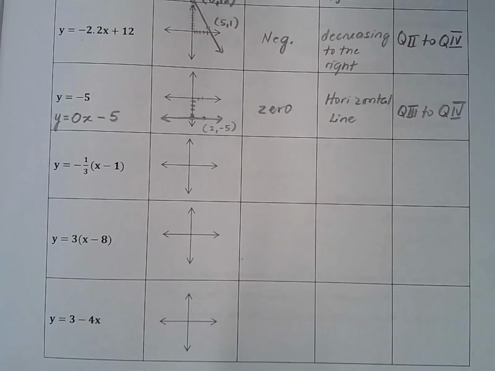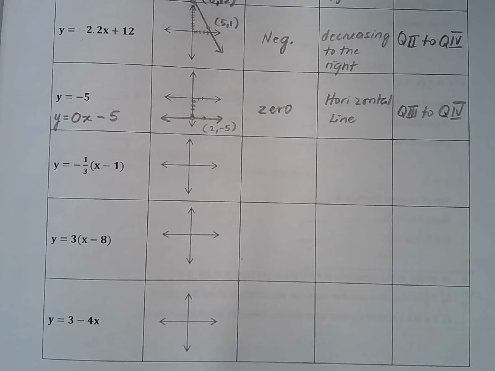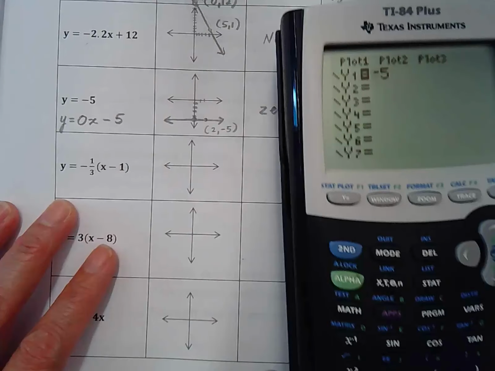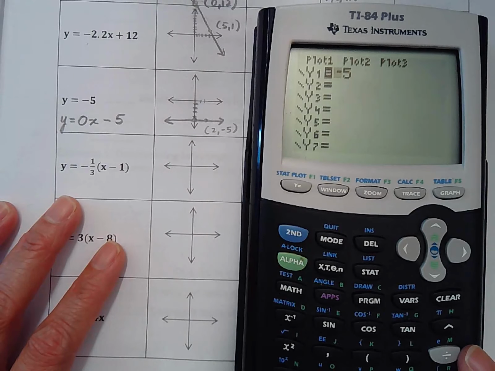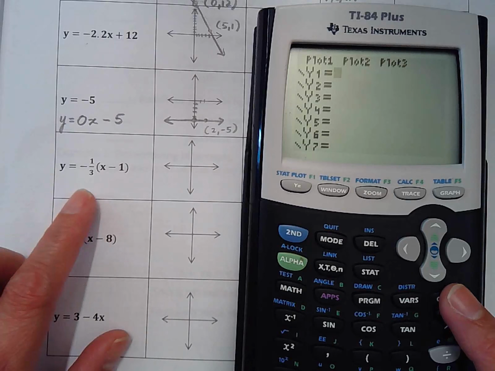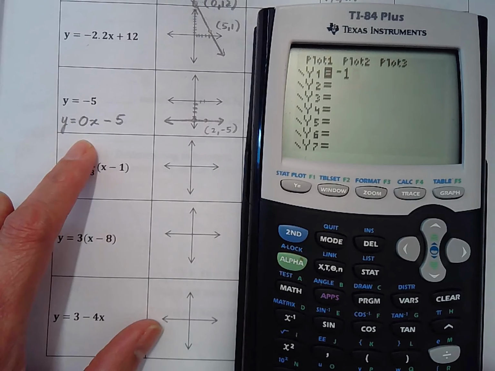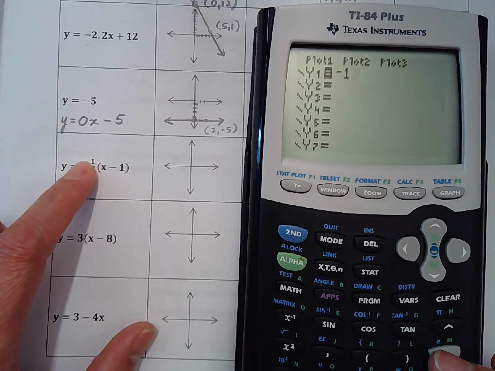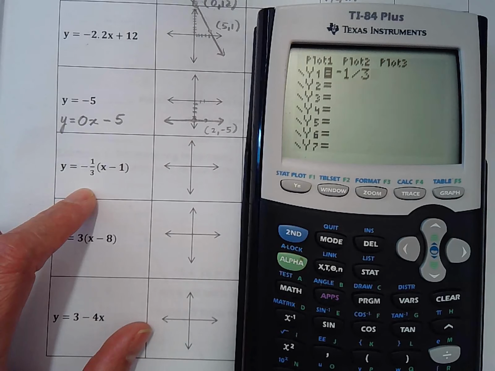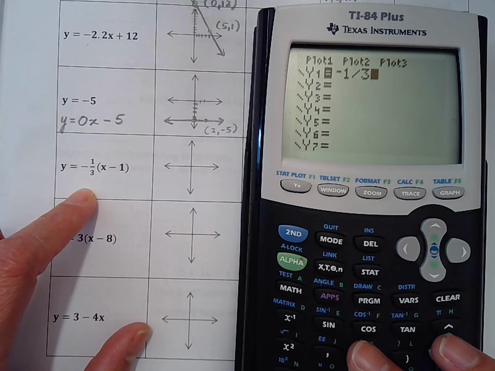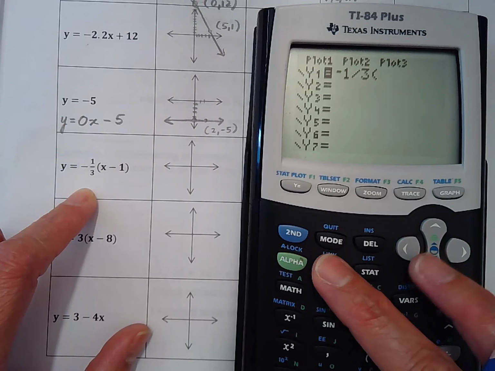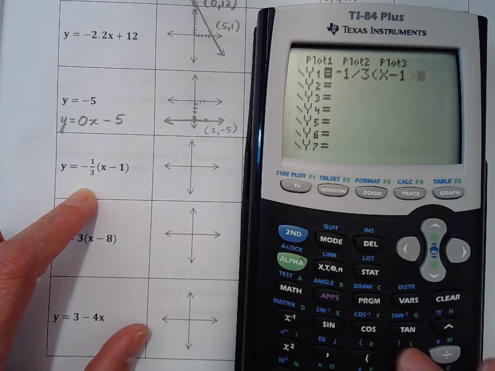Oh, this one is kind of interesting. Okay, let's give that a try. Make sure we put the brackets in. So -1 divided by 3, so divided by 3. x minus 1.